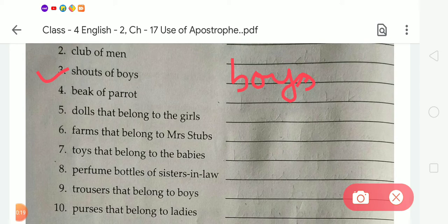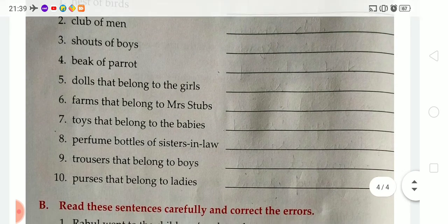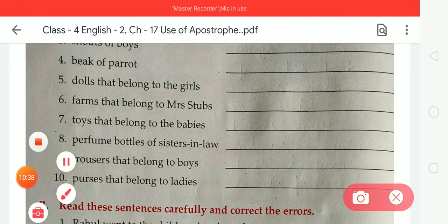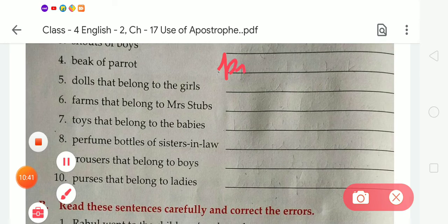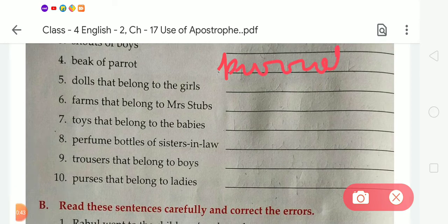Okay, so here we have to write boys' shouts.